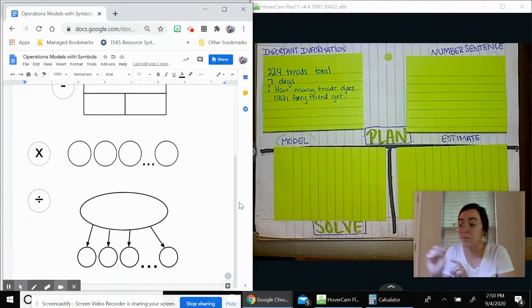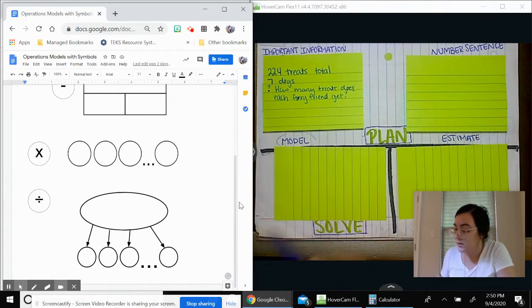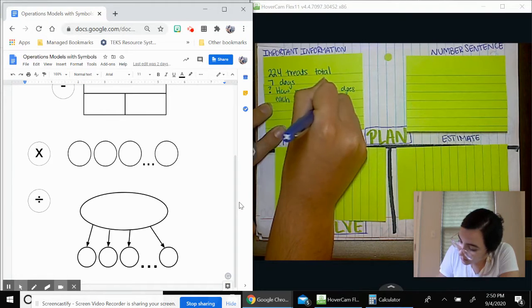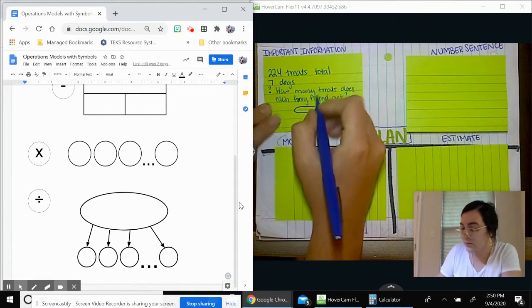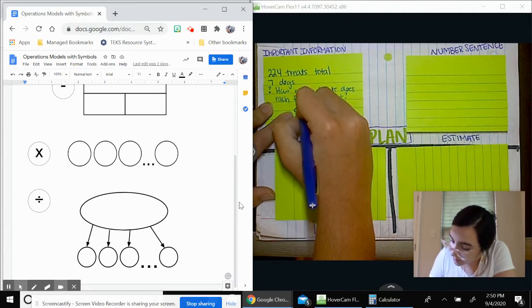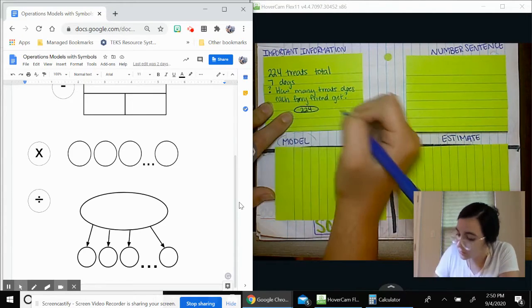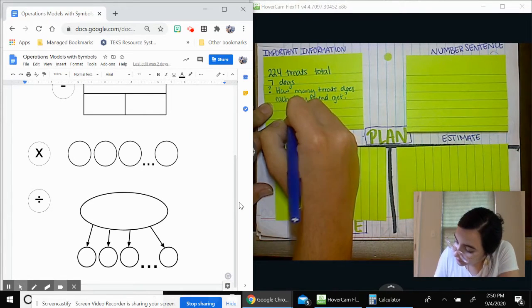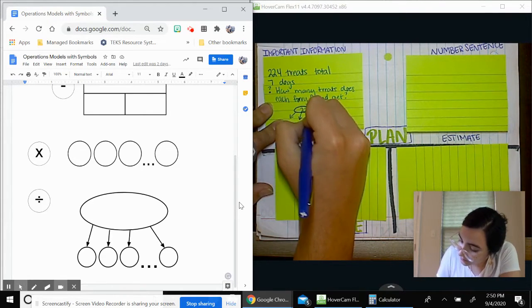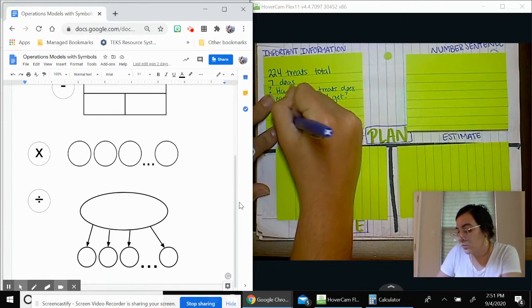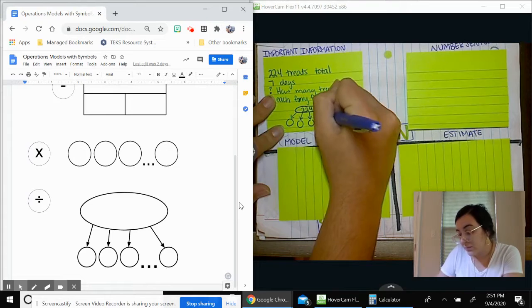Now I can start to make my division model. I'm going to have my circle, and my circle always represents my total, the top circle. And my total is 224 treats. Now I know how to set this up.